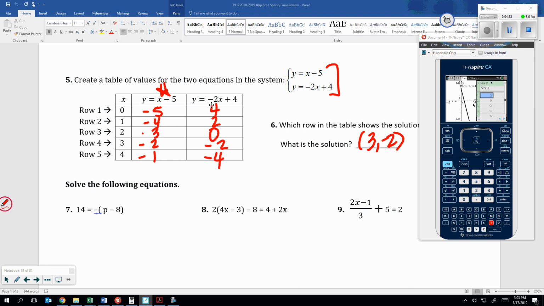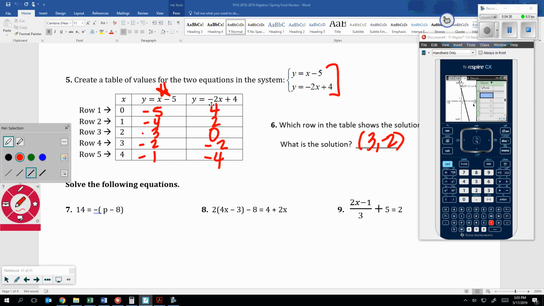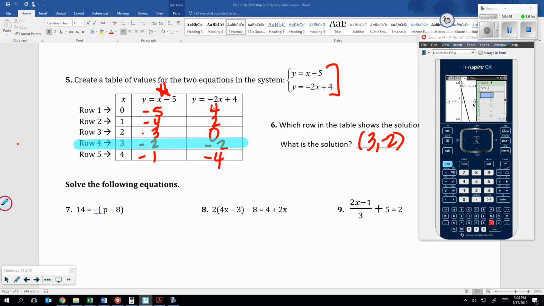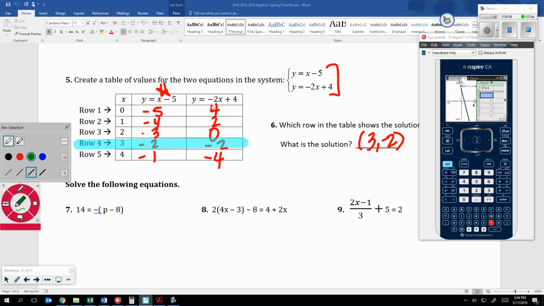Whenever you're looking at a table to see what your solution is, you're looking for the x value where your y value is the exact same for both equations. Right here, the x value is 3, and the y value for both of those equations is -2.